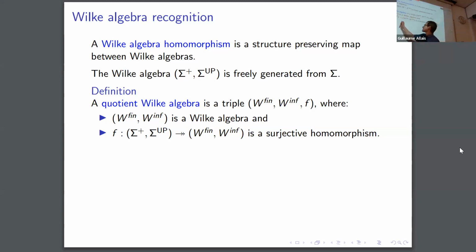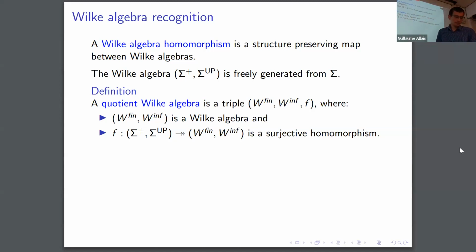So it consists of some Wilke algebra and this quotient map from the free algebra to our given algebra, and the fact that it's a surjective homomorphism is exactly this idea that it's a quotient.